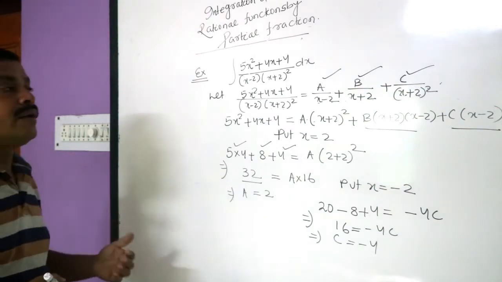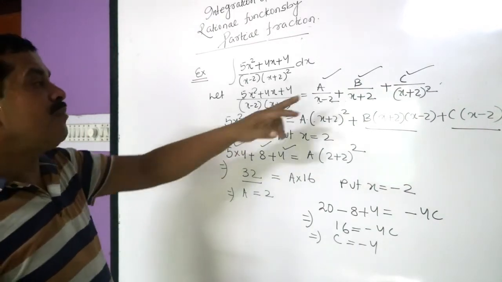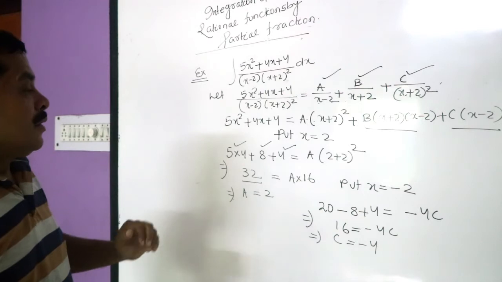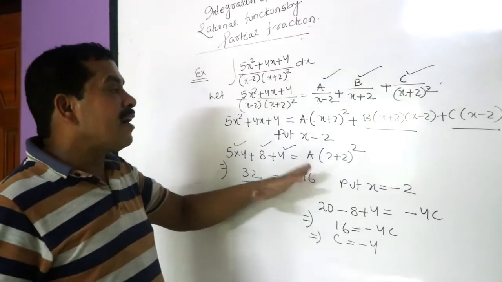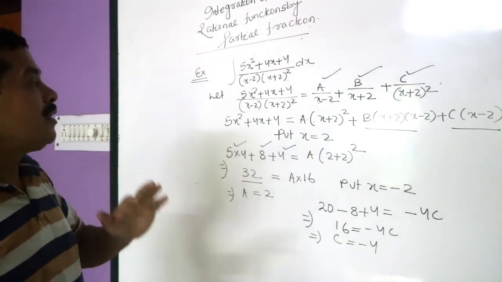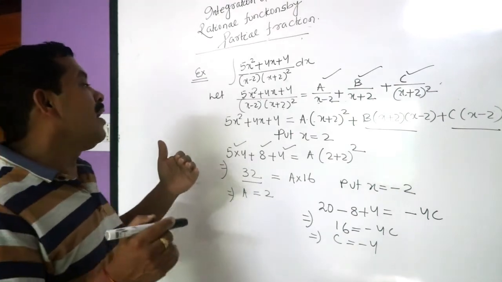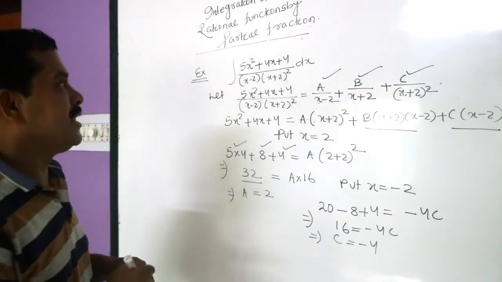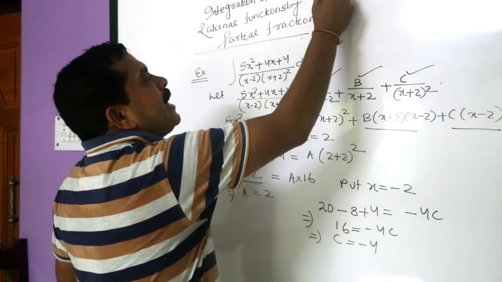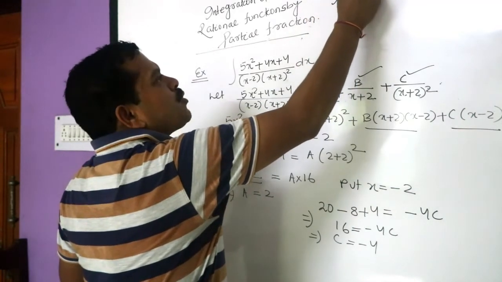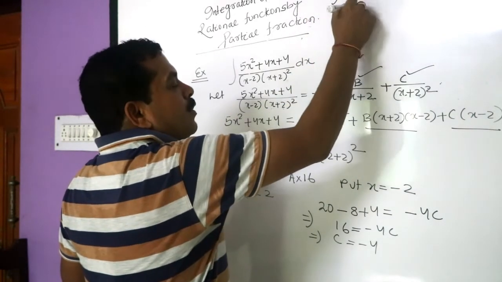Now next we have to find the value of b. We cannot put any constant to find the value of b. Now we have to equate the coefficients of both sides. The left hand side is 5x square plus 4x plus 4.